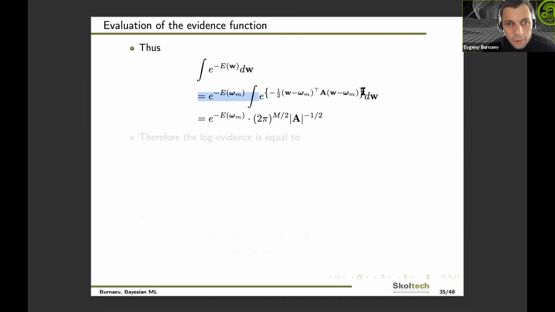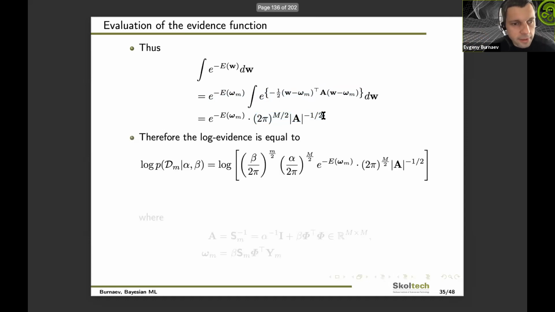And here I get this expression with respect to W. But this is the standard integral of an unnormalized Gaussian density. Because I know the exact expression for the normalizing constant of the Gaussian density, which is defined by the determinant of the matrix of the quadratic form here, I get this normalizing constant. That's it.